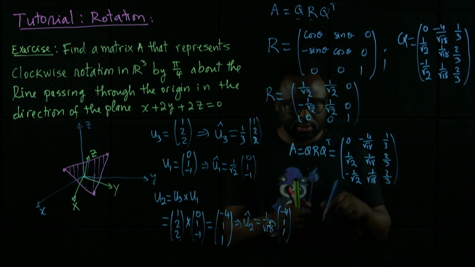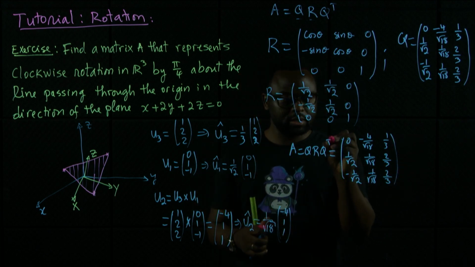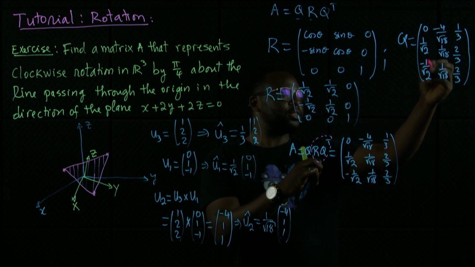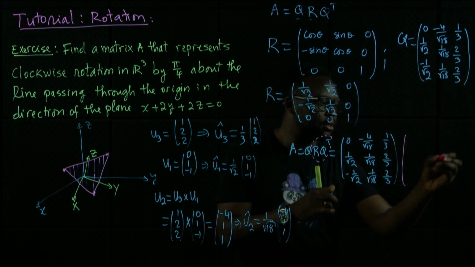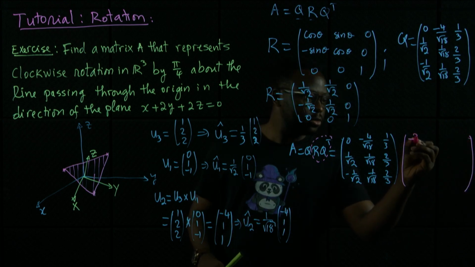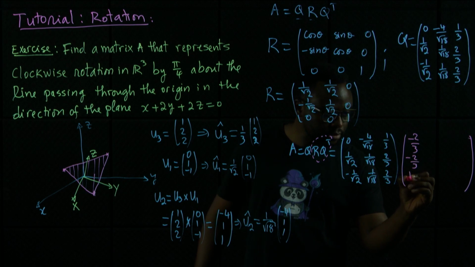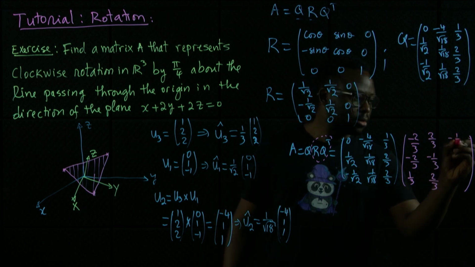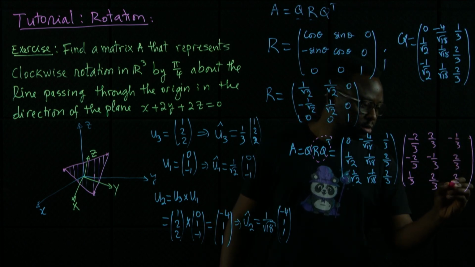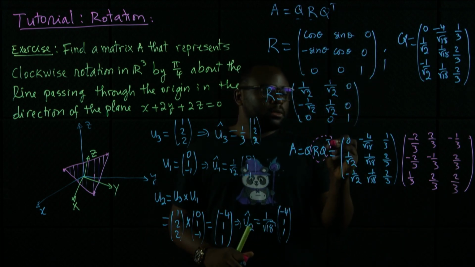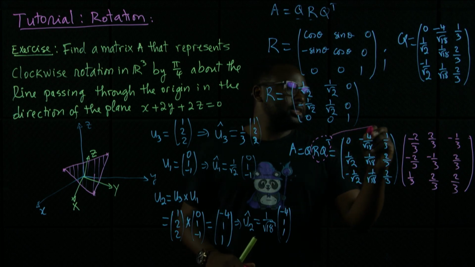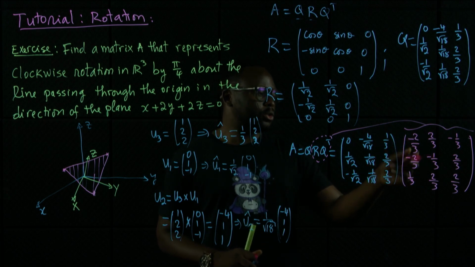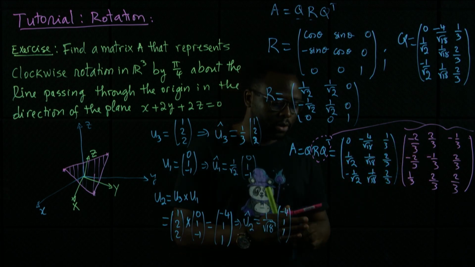We multiply this matrix by the rest of the matrices, and if you multiply them, you end up with the following.